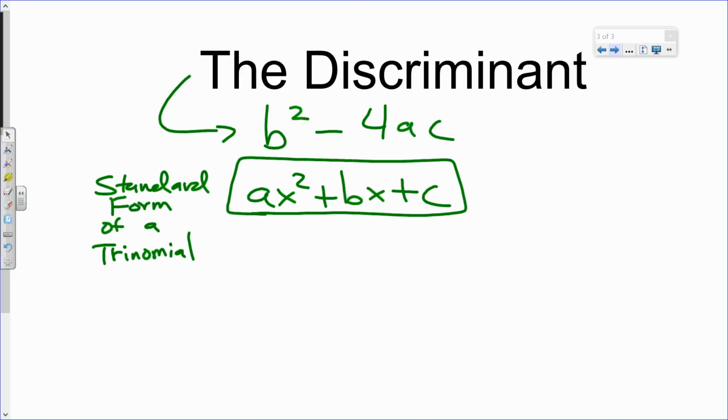So that's where the A, B, and C come from. In other words, your A is there, your C is there, and your B comes right there, when you're dealing with the trinomial.